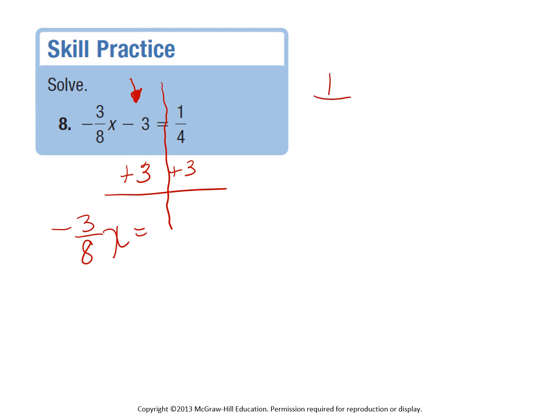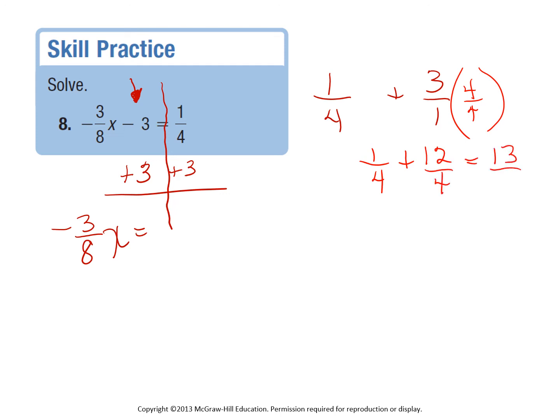So if I add 1/4 plus 3, I want them to have common denominators. So I'm going to multiply by 4/4 here. So 1/4 plus 12/4 is equal to 13/4. So negative 3/8 x equals 13/4.